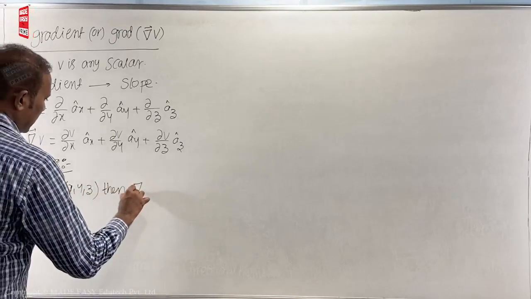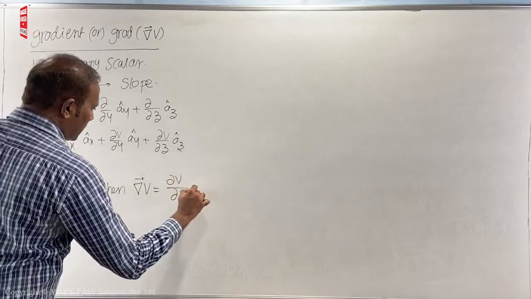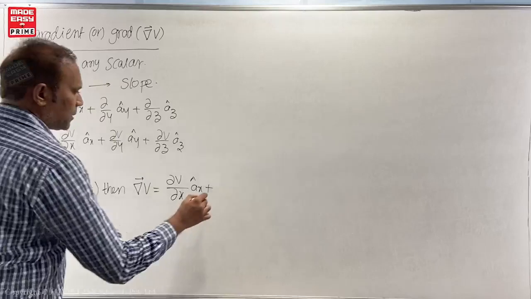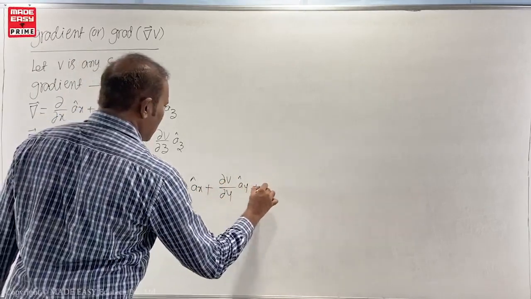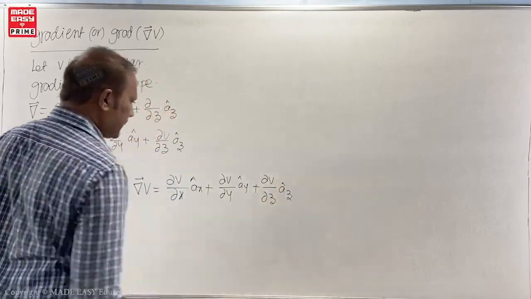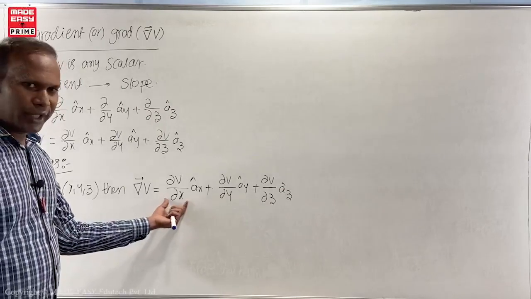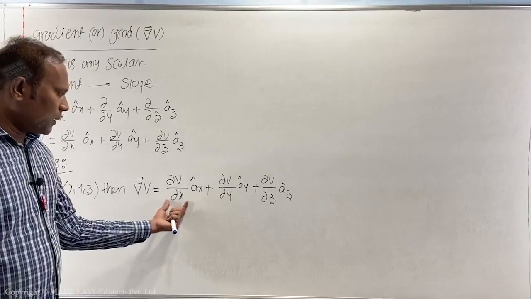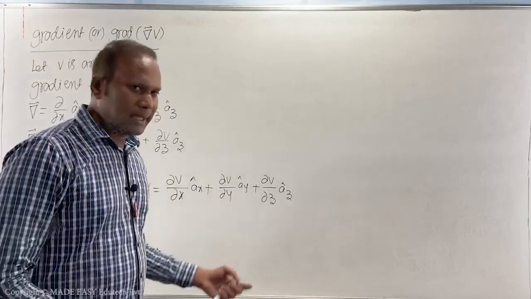Then grad v formula is dou v by dou x ax plus dou v by dou y ay plus dou v by dou z az. That means in the bottom side you have differential length in x direction, differential length in y direction, differential length in z direction.